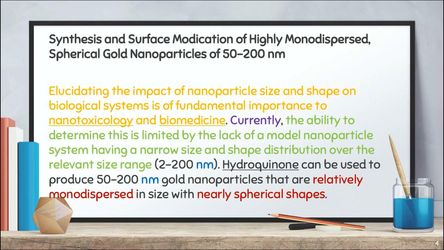Currently, the ability to determine this is limited by the lack of a model nanoparticle system having a narrow size and shape distribution over the relevant size range, 2 to 200 nanometer. Hydroquinone can be used to produce 50 to 200 nanometer gold nanoparticles that are relatively monodispersed in size with nearly spherical shapes.